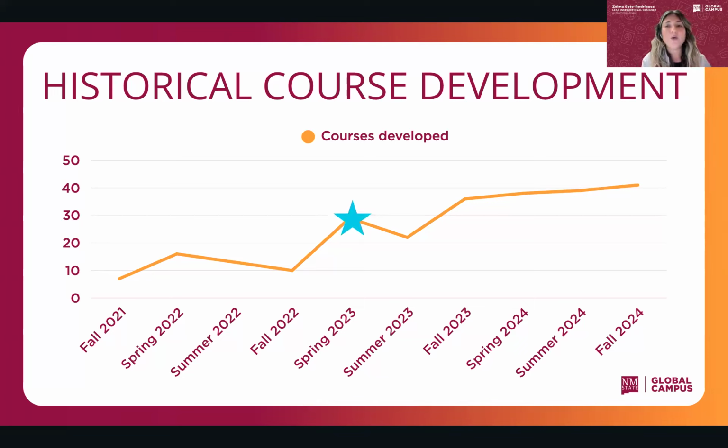As a result, we needed to make changes to our processes to achieve a more structured and efficient course development process, to increase faculty engagement, to improve overall quality and efficiency, align with the mission of the new NMSU Global Campus, and improve students' learning outcomes and help them be successful. So this is the story of what we did.